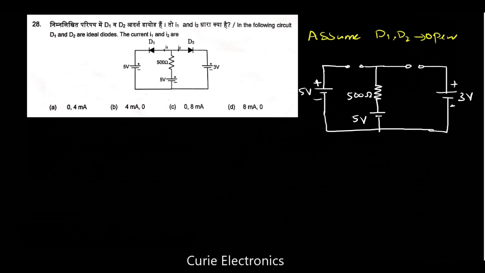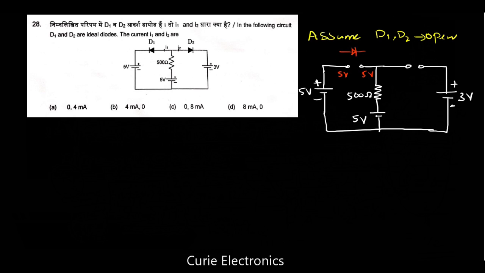Now we will get the idea of the voltages. See here, if I keep a voltmeter at this point, what will it read? This is going to be 5 volt here, and this point also is going to be 5 volt. That means the D1 diode is connected across the same potential.